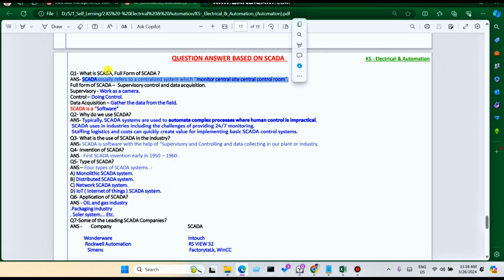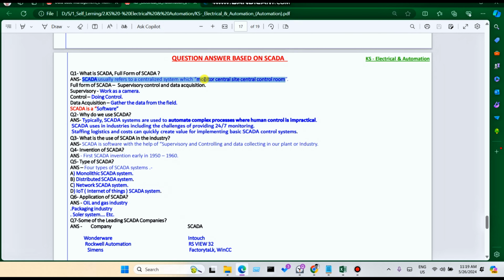For example, a plant is operated from the central control room, so the whole plant is worked by the operator from the central control room.